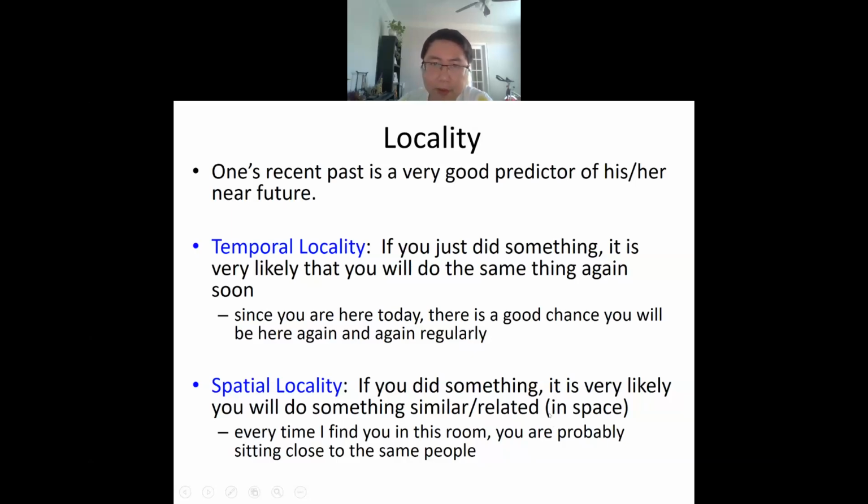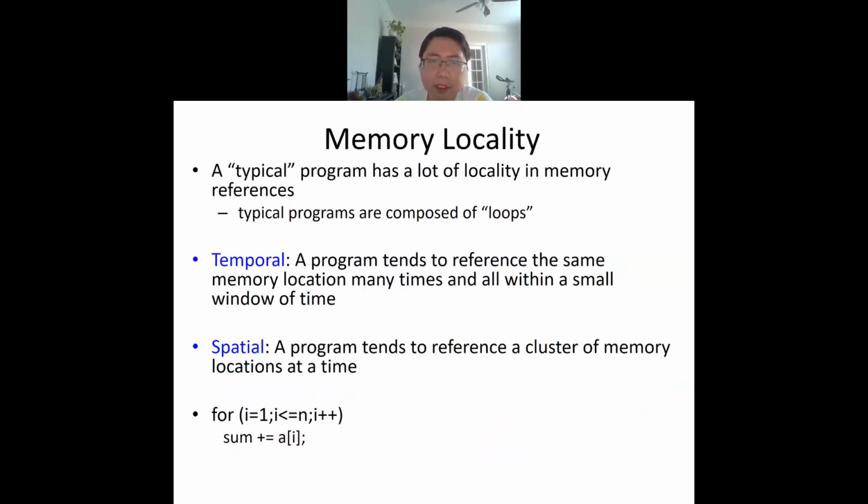So what does this mean? We can use a very simple example of a software program, because many programs are composed of loops, right? Here, for example, is a very simple piece of code you may write in your preferred language. This is a for loop, and you are doing the summation of this vector.